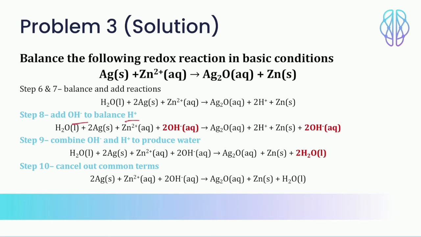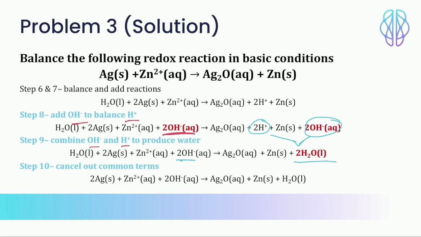So we see we have 2 hydrogen protons on our right-hand side, so we're going to balance that out with 2 OH minus, and because we're adding it to the right-hand side, we're also going to add it to our left-hand side. As a result, our OH minus and hydrogen protons are going to produce water. Since we had on our right-hand side 2 hydrogens and we've added 2 OH minus, they're going to come together to get our 2 H2O, and we're still going to leave our 2 OH minus here on the left-hand side.